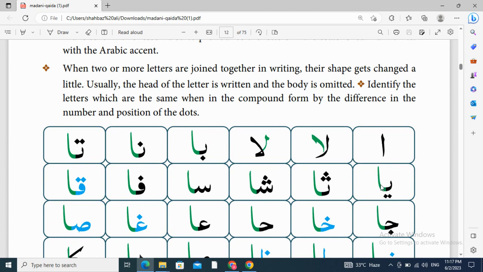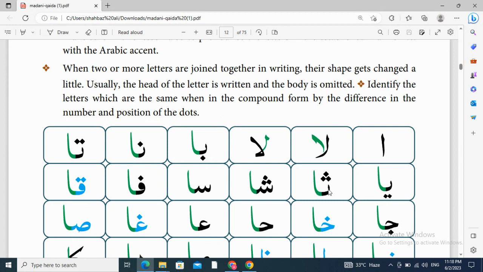Next, this letter is tha. Don't read it as sa. A high pitched sound should not be created while reading tha. Just read it as tha. Tha alif.